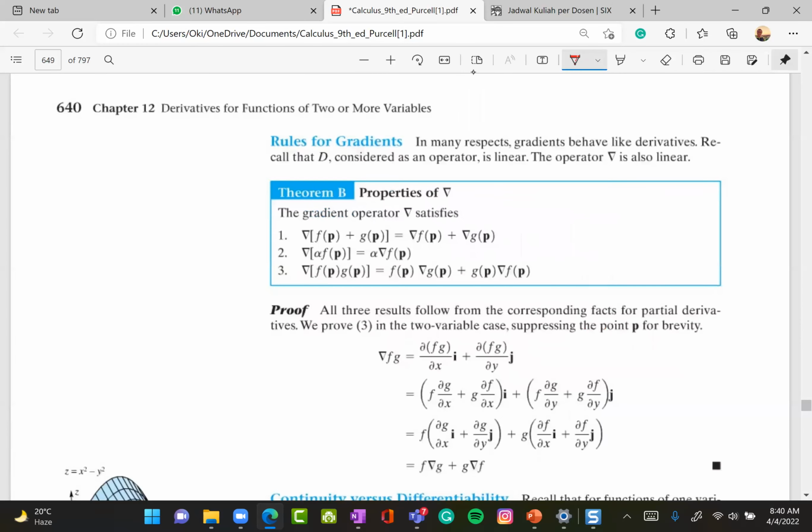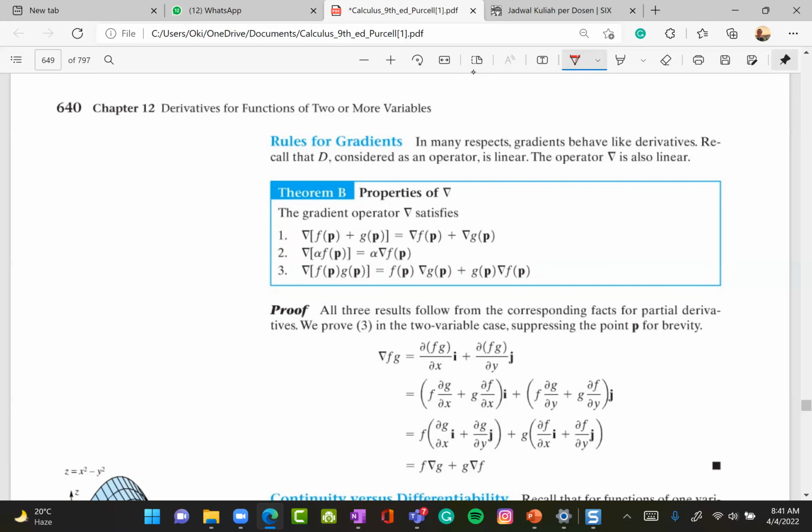Okay, so this is the property of the gradient. If you take the gradient of a sum, it's just the sum of each gradient. And also if the function is multiplied by a constant factor, then you can factor out the constant. And this is the product rule.